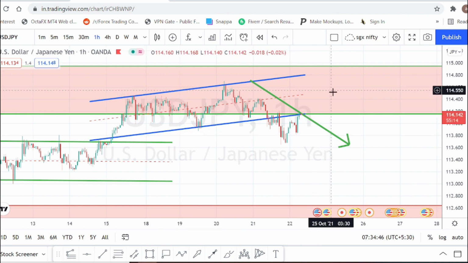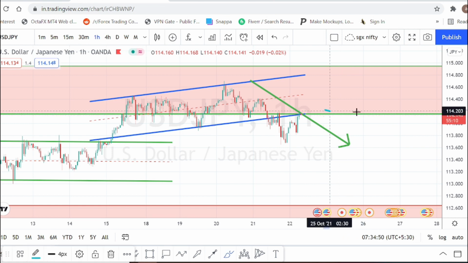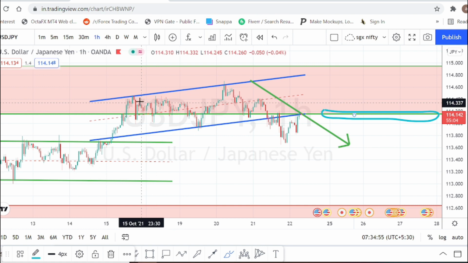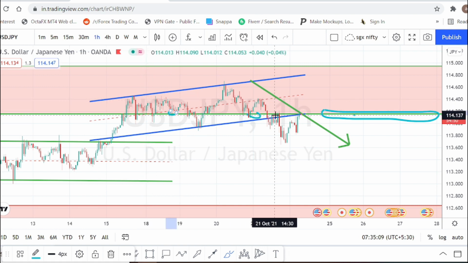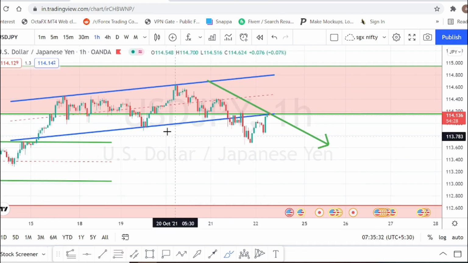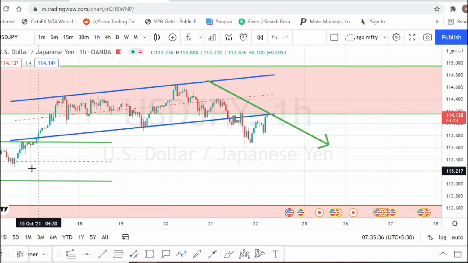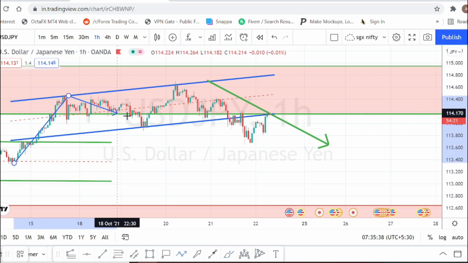It is trying to break this line, and we know that this full area is a resistance area from the daily time frame. It tried breaking this area, it took support over here also, but it couldn't manage it and started trending down. So from this chart pattern, what we understand is it has formed a very nice double top pattern.